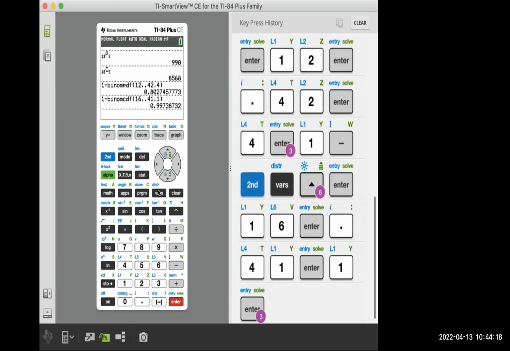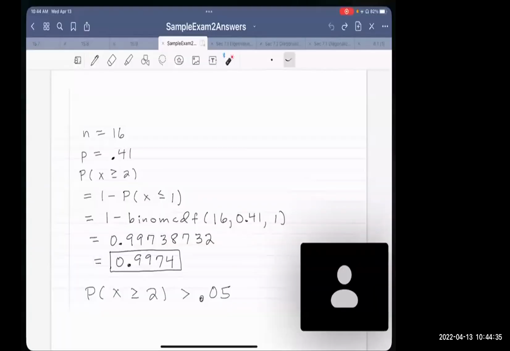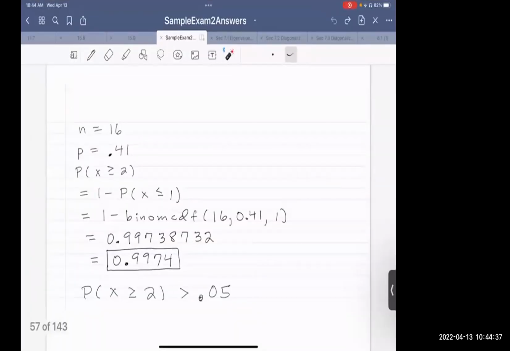And so I get 0.99738732. Let me type that into my iPad. And so I have here 0.99738732.